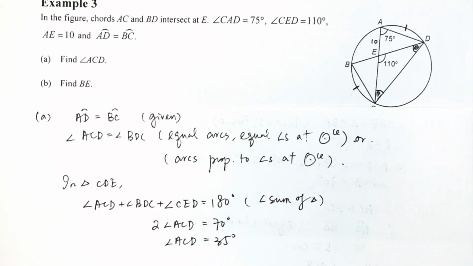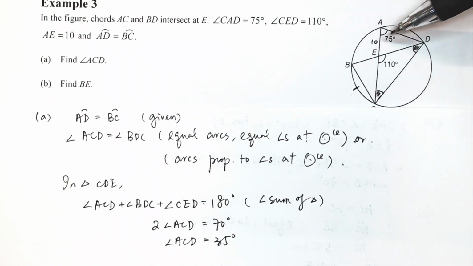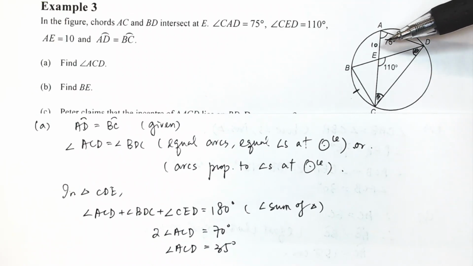So for the length of BE, it may be of some relation between AE and BE. Then if I want BE to be 10, say, then I need to prove some congruent triangles, or you prove 2 base angles equal in a triangle to conclude the 2 sides being equal, right?